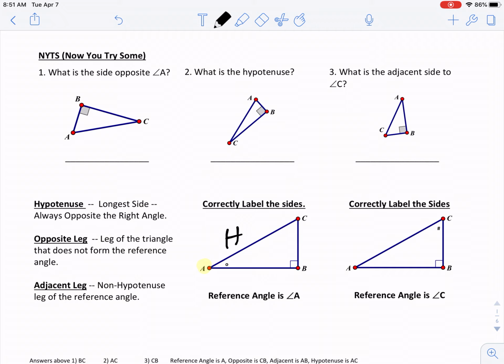All right. Opposite angle A is what's on the complete other side. That would be C to B. The other side that makes angle A is A to B. So this side right here is my adjacent.